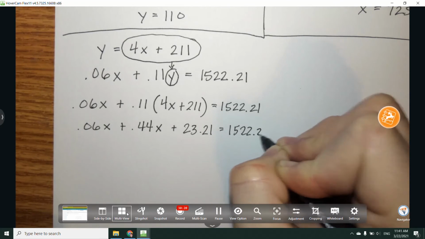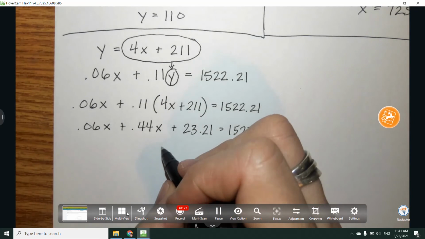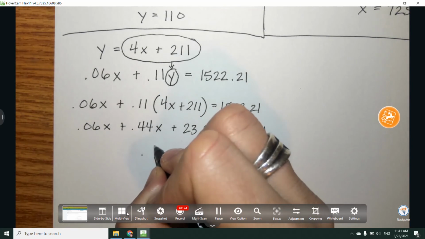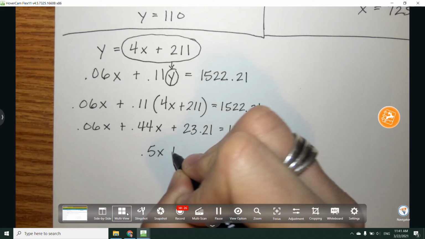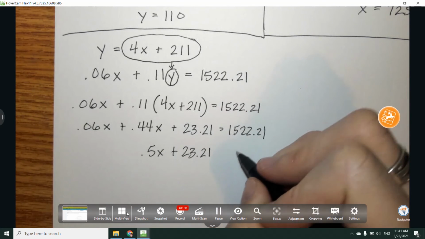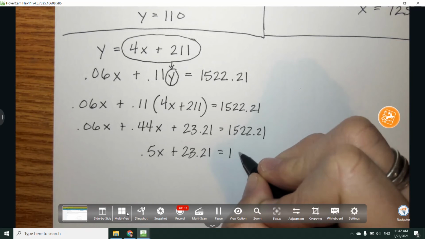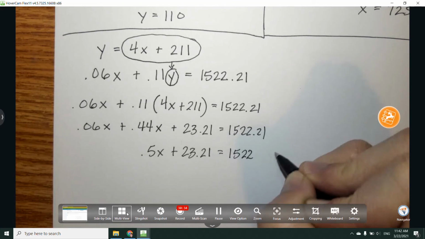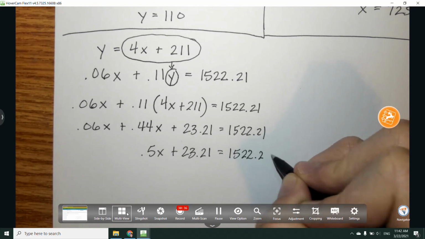We can combine our x's at this point, and that's going to give us 0.5x. So then we could subtract this 23.21 on both sides.